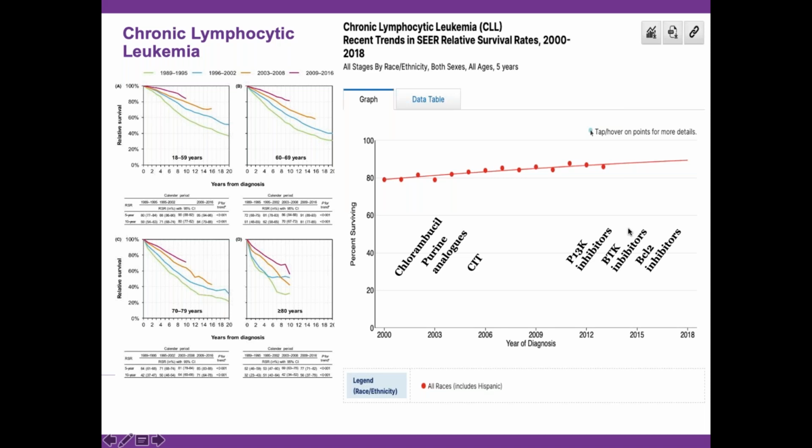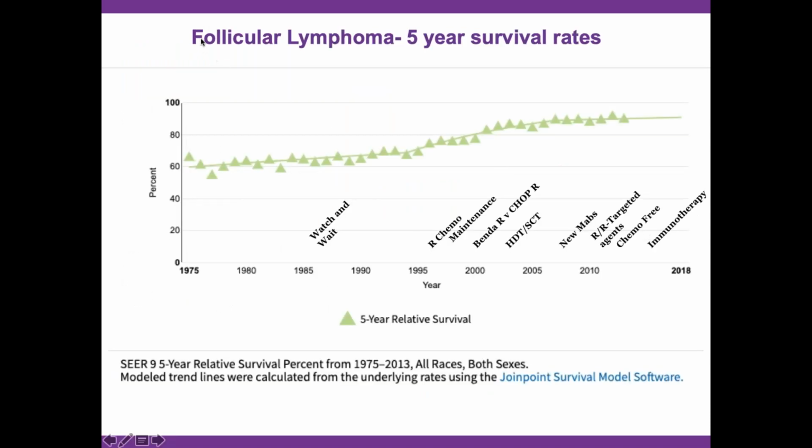So we expect to see even greater improvements in survival in the years to come, and the BCL2 inhibitors, venetoclax. So again, the improvements in outcome are associated with clinical trials which have resulted in the approval of these different new families of drugs.